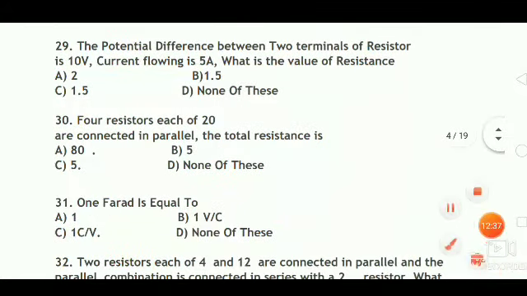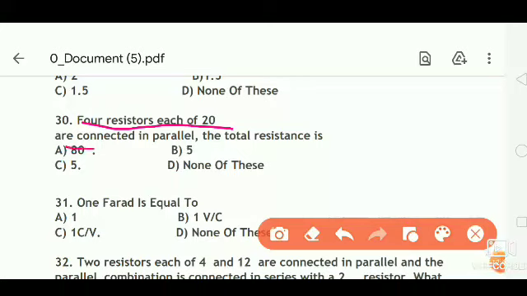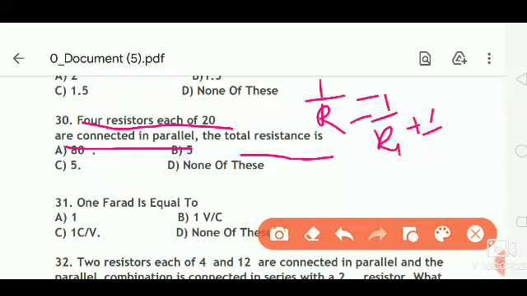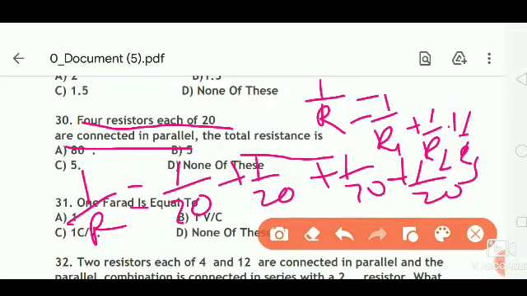The next question is: 4 resistors, each of 20 ohm, are connected in parallel. The total resistance is? Here R equivalent, or 1 by R, equals 1 by R1 plus 1 by R2 plus 1 by R3 up to 1 by Rn for parallel. So 1 by R equals 1 by 20 plus 1 by 20 plus 1 by 20 plus 1 by 20.